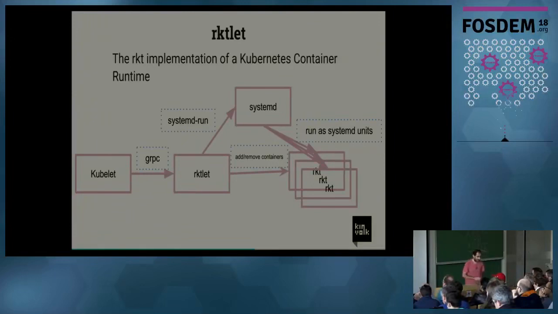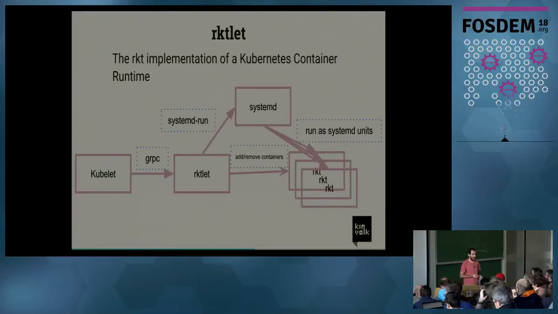To implement this we had to make some design changes to Rocket, because in Rocket we had this concept of immutable pods. Your pod is defined from the beginning, and then you just run it. But the CRI defines something different, influenced by the way Docker works, because in Docker there's no pod concept, you just have containers and then they're linked together.